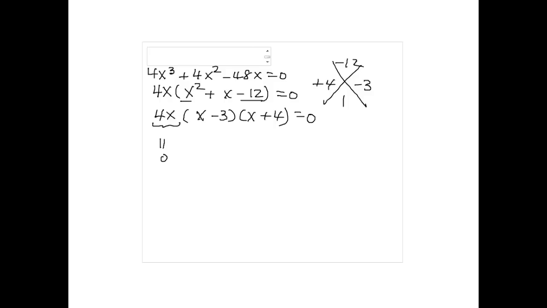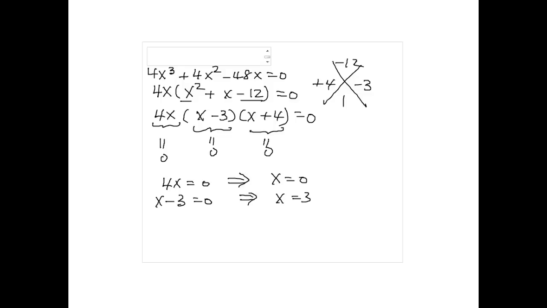We set each factor equal to 0. So 4x equals 0, and that gives us x equals 0, and x minus 3 equals 0, so it means x equals 3, and x plus 4 equals 0, so we have x equals negative 4.